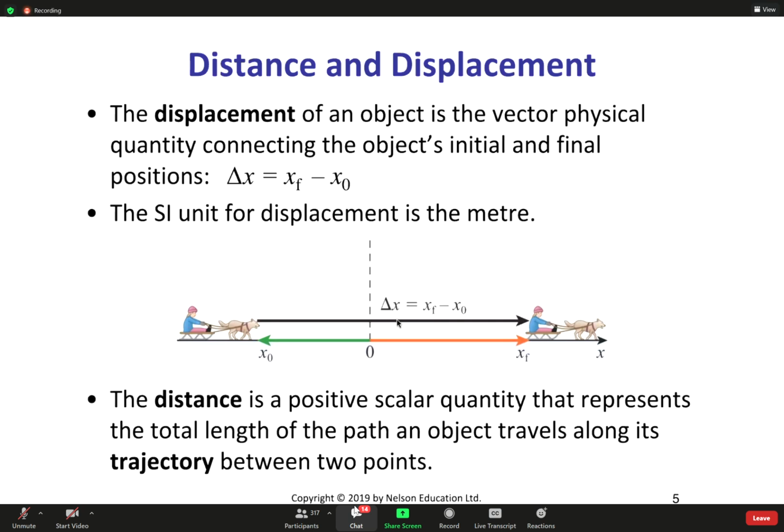The distance is the positive scalar quantity that describes the total length that an object travels, meaning that if the child travels from x0 to xf, the distance is going to be the same as the displacement. But if the child travels from x0 to xf and back to x0, the distance is going to be twice this quantity, but the displacement is going to be 0, because the final location matches up with the initial location.